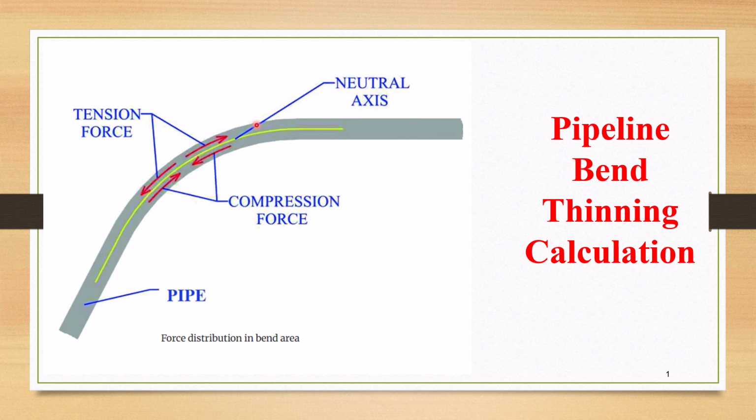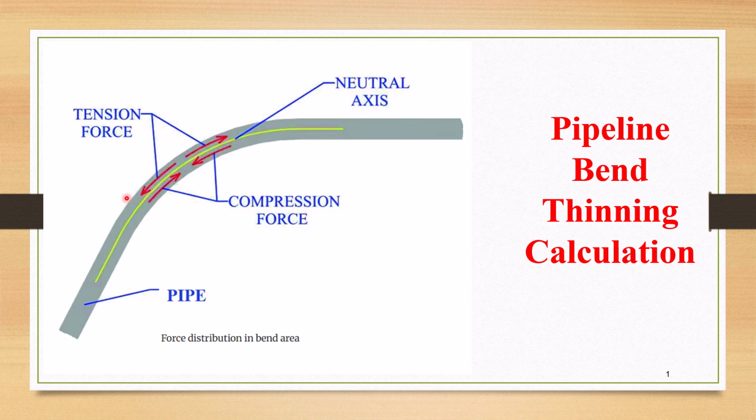Towards the top side of the neutral axis, the force exerted is tension force, whereas towards the bottom of the straight pipe, it will be a compressive force. So the top part will elongate and the bottom part will compress.